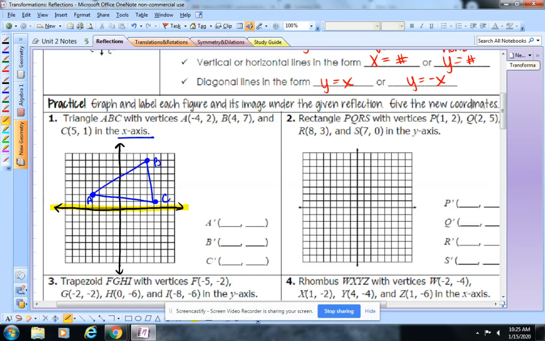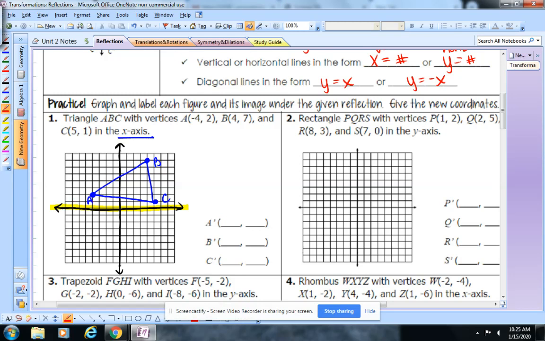So that means when I graph the point A prime, I'm going to be the same distance from that x-axis as A is. So A is how many spaces away from that horizontal line? 2. So to graph A prime, I'm going to go 2 above the x-axis, so I'm going to go 2 below it. Okay?